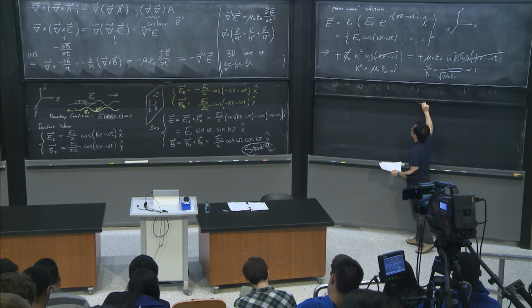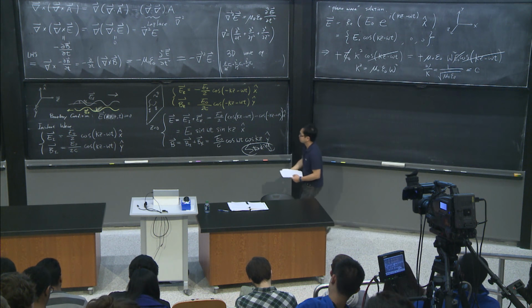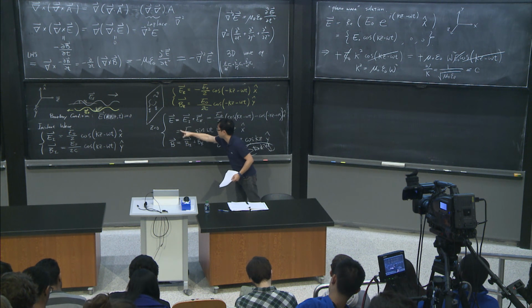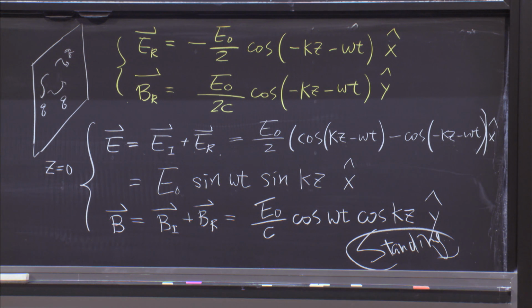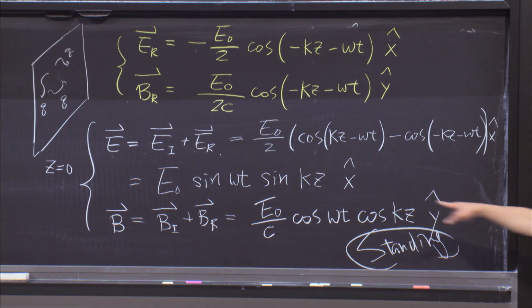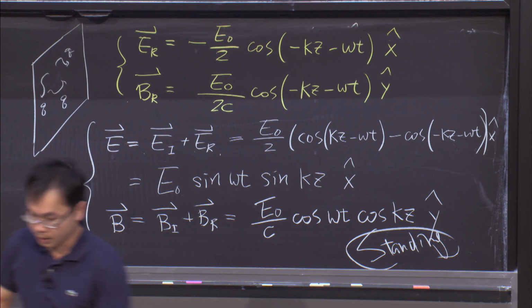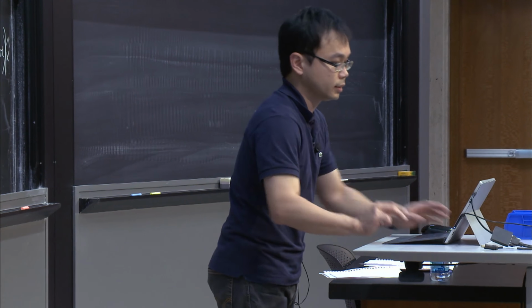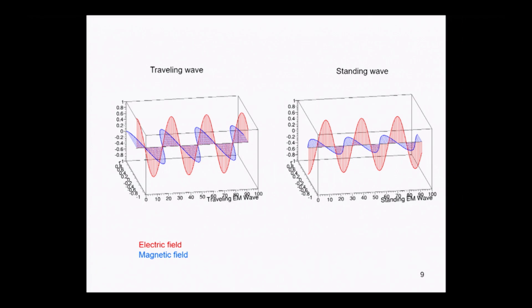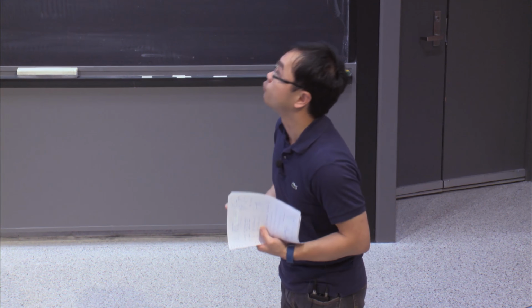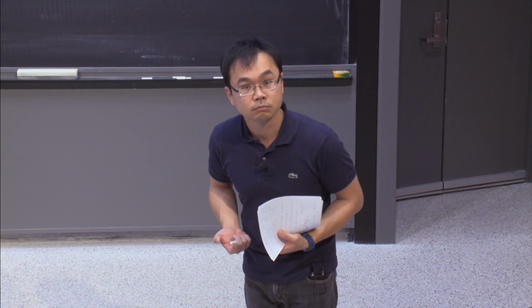Another thing which is really interesting is that if you look at the expression of the electric field and the magnetic field, if you compare them, one is sine sine, the other one is cosine cosine. Okay? That's kind of interesting because this is different from what we usually learn from the progressing wave or traveling wave solution, where the electric field and the magnetic field are in phase, right?